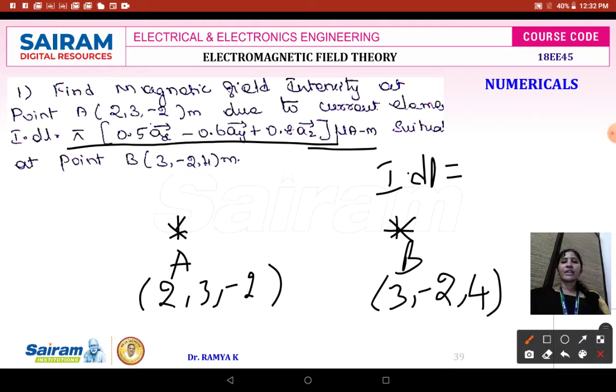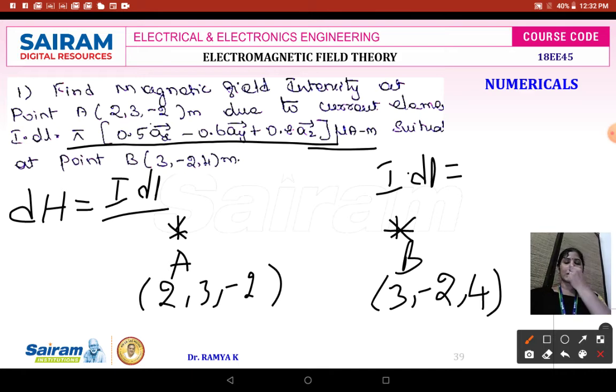Now we need to identify the magnetic field intensity. According to Biot-Savart's law, the differential magnetic field intensity is proportional to the current element I dl and inversely proportional to the square of the distance and the sine of the angle, so I dl divided by r square.